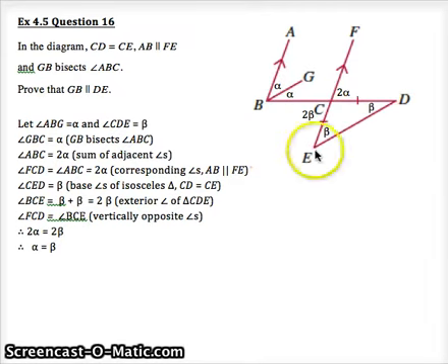which is angle CDE. Now, remember, we're trying to prove that GB is parallel to DE, and the only way we can do that is by showing that alternate angles are equal, or co-interior angles are supplementary, or that corresponding angles are equal. Now, the only angles that we can see between the lines GB and DE are the alternate angles.